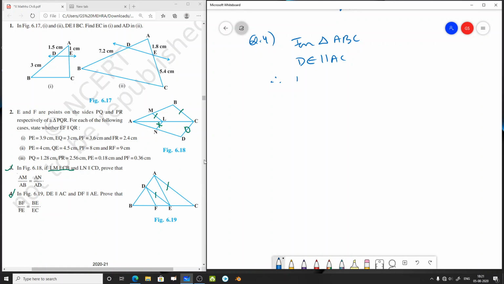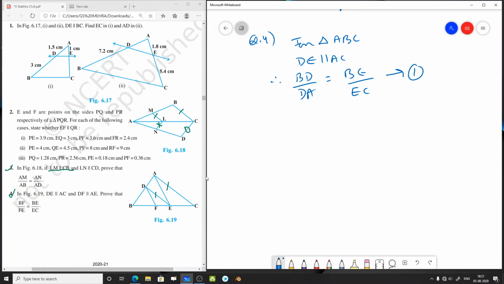So we will write BD over DA equal to BE, the corresponding part of BD, over EC, the corresponding part of DA. So the ratio we get is BD by DA equal to BE by EC. So this is our first part.